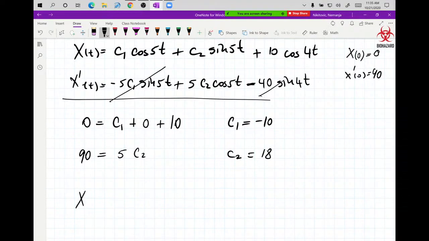So the x of t solution, c1 is negative 10. I'll list that second. So let's put 18 sine 5t minus 10 cosine 5t.